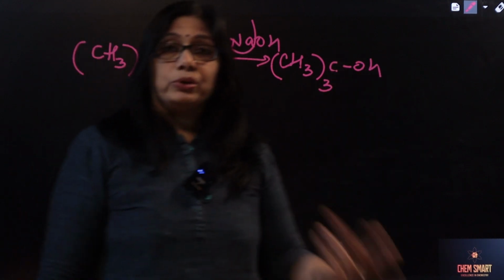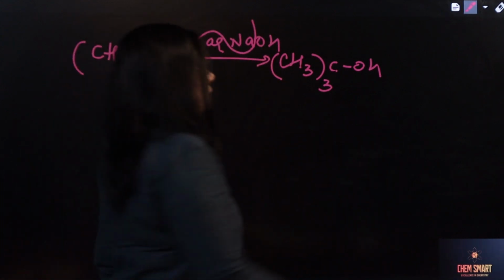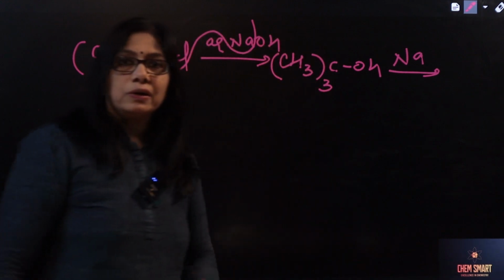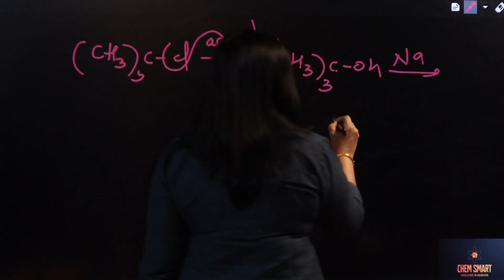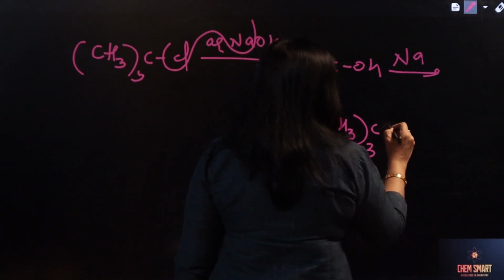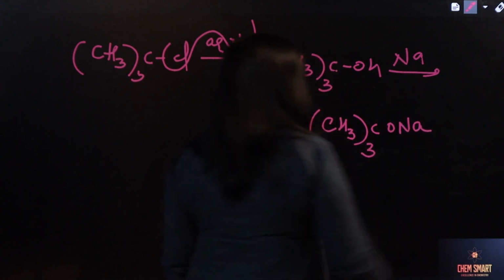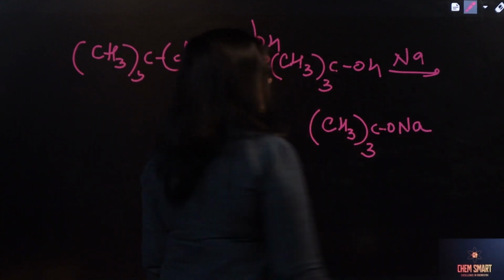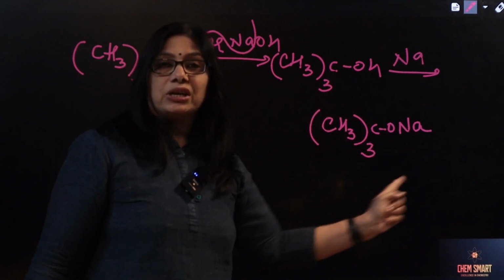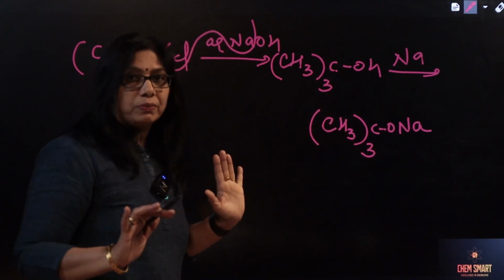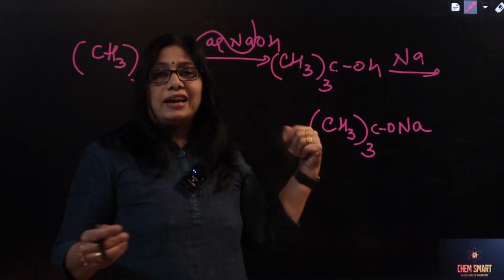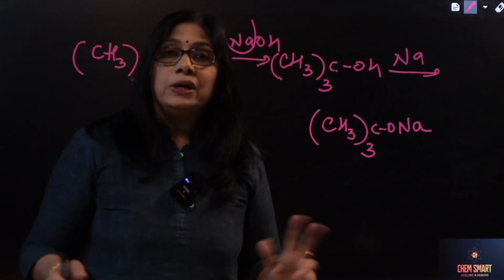You got tertiary butyl alcohol, 2-methylpropan-2-ol. Make it react with metallic sodium. Our aim is to convert it into the alkoxide. So I get (CH3)3C-ONa, the sodium alkoxide of the tertiary alcohol. Now you are safe, because the tertiary alkyl halide has been changed into a tertiary alkoxide.